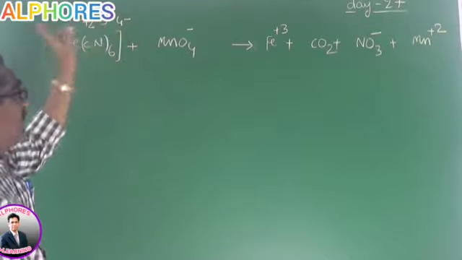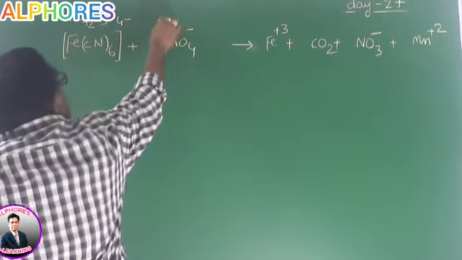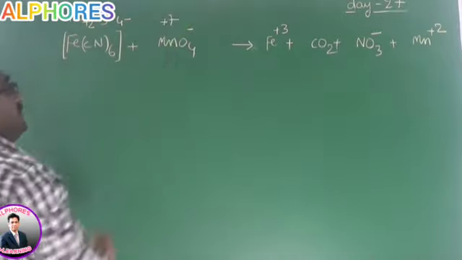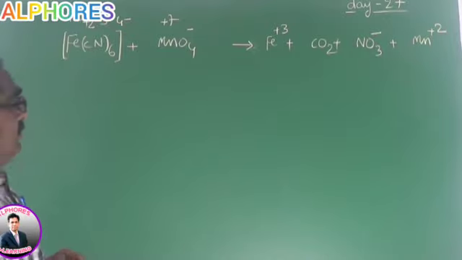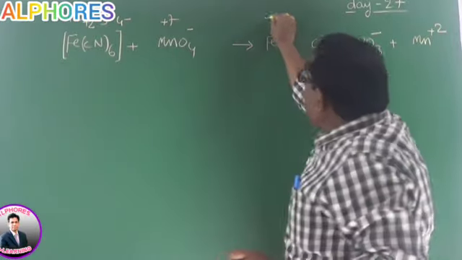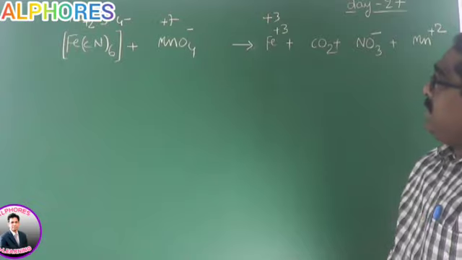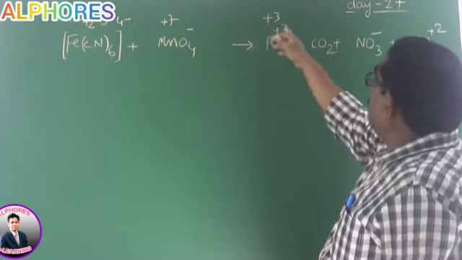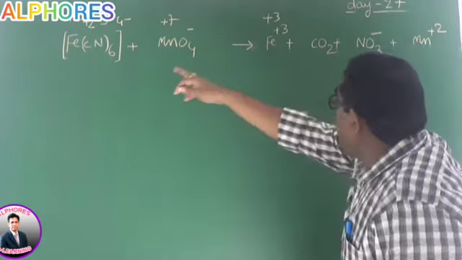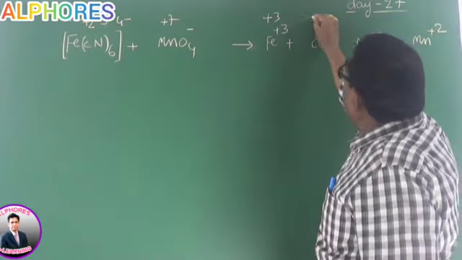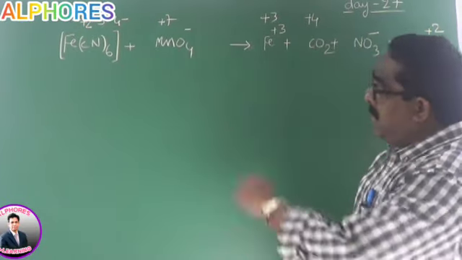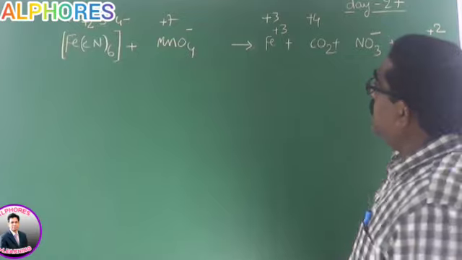Permanganate, manganese is +7, and on this side iron is +3, so iron is oxidized from +2 to +3. Carbon is +2, here carbon +4, so carbon is also oxidized.